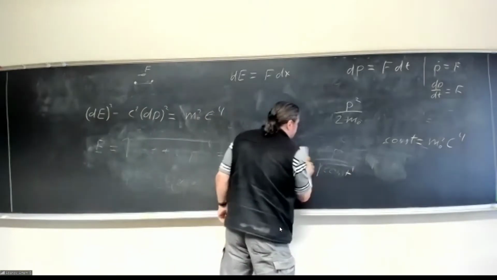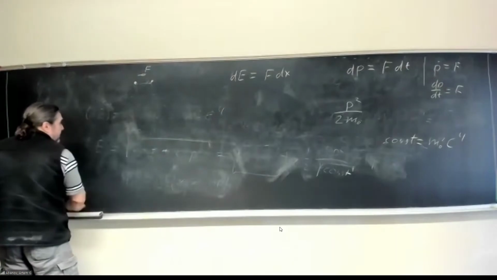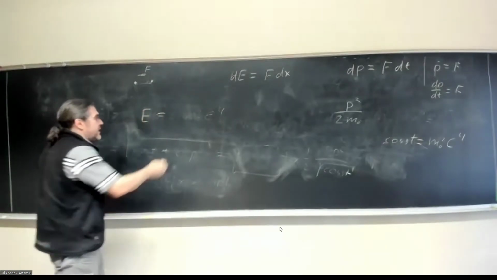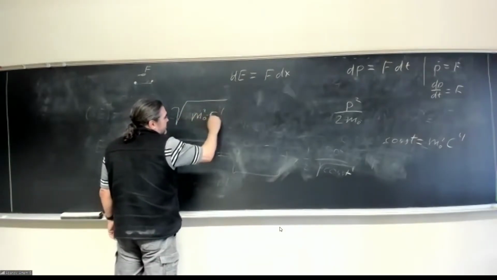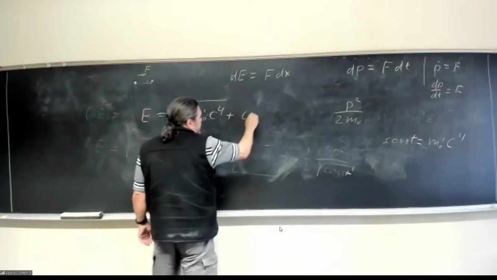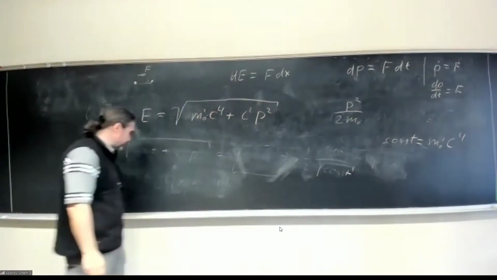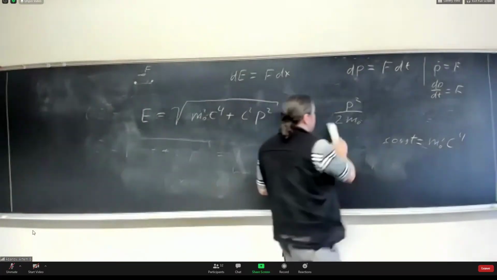Or in other words, what I have is that the energy of a moving particle equals the square root of m naught squared c to the fourth plus c squared p squared. Right? So this is instead of kinetic energy.